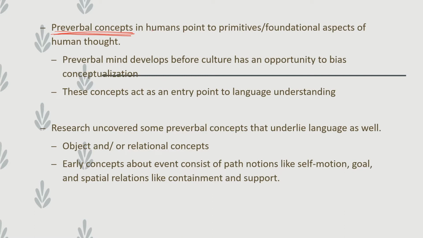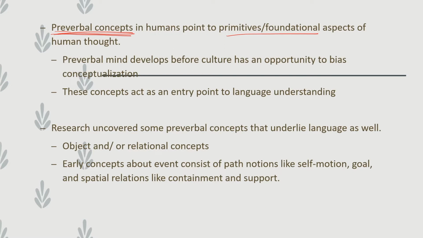Now, the fact that children have been found to have some amount of conceptual understanding, some amount of conceptual storage, some amount of schematic notions, means that certain things are probably primitives, as in foundational aspects of human thought.